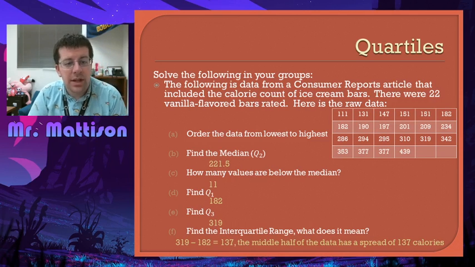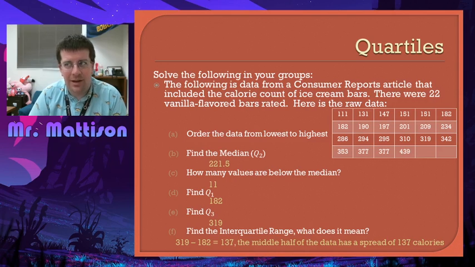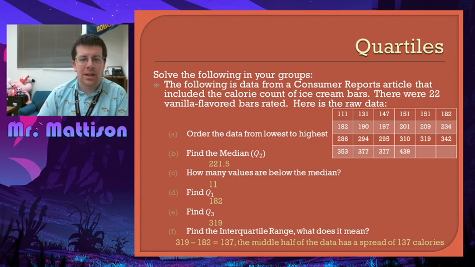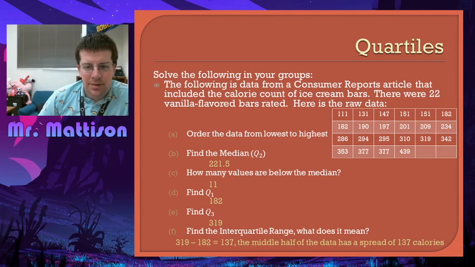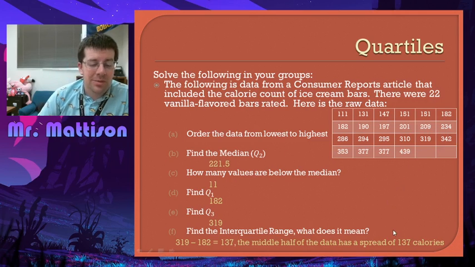All right, so once we have that, if we order the data, that's probably the hardest part of this entire thing. Not that it's difficult, but that it's tedious. We order the data, then if we want to find the median, it ends up being between these two, and we get 221.5. Then we want to say, well, how many values are lower than that?